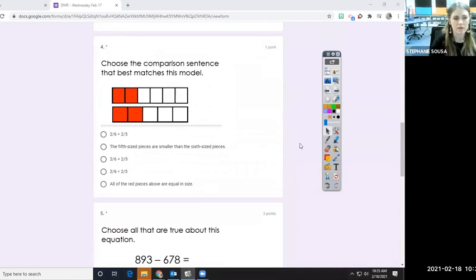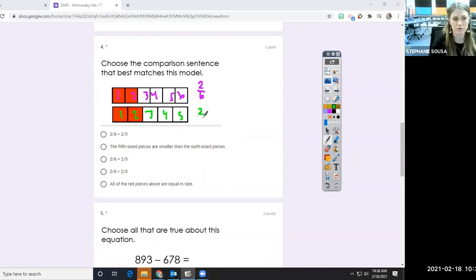Choose the comparison sentence that best matches this model. I have 1, 2, 3, 4, 5, 6 pieces. This is 2/6. On the bottom, I have 1, 2, 3, 4, 5 pieces.